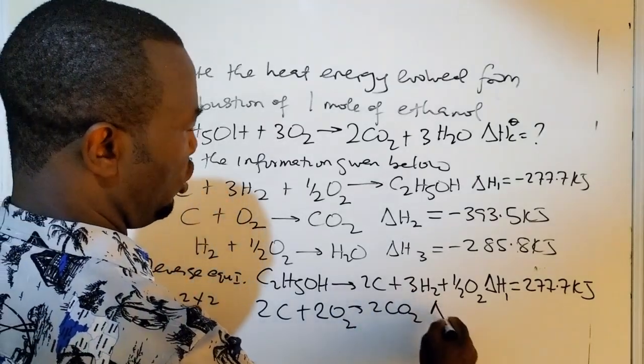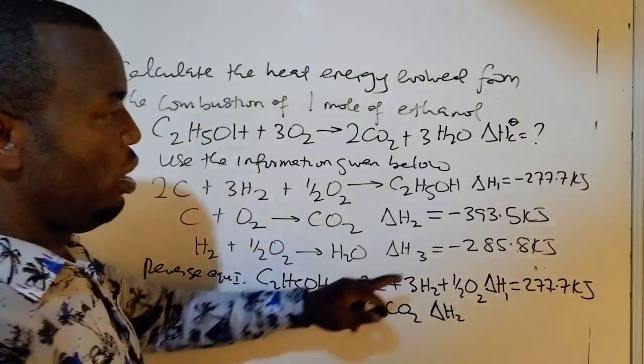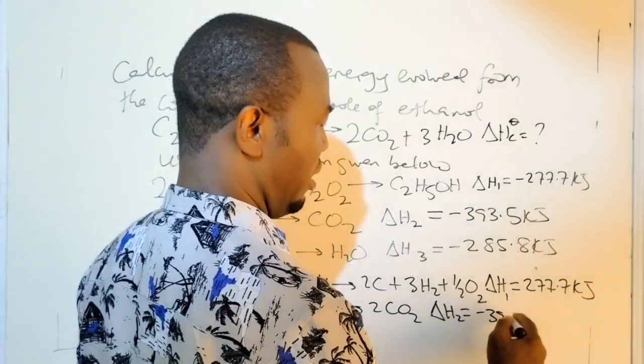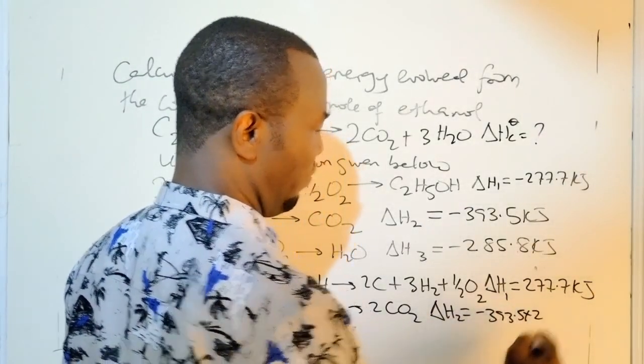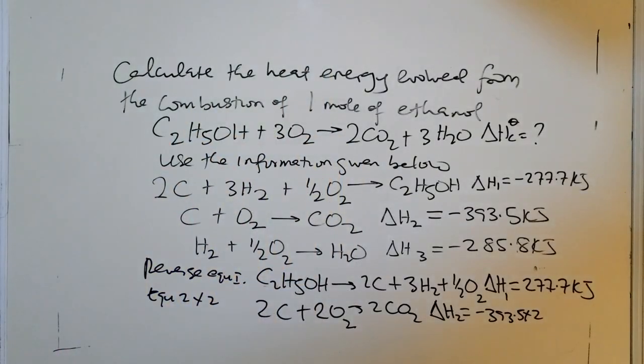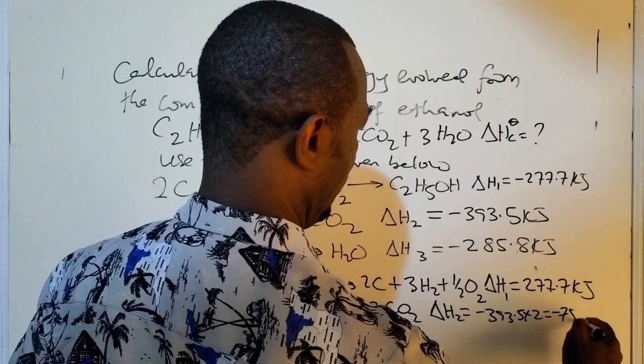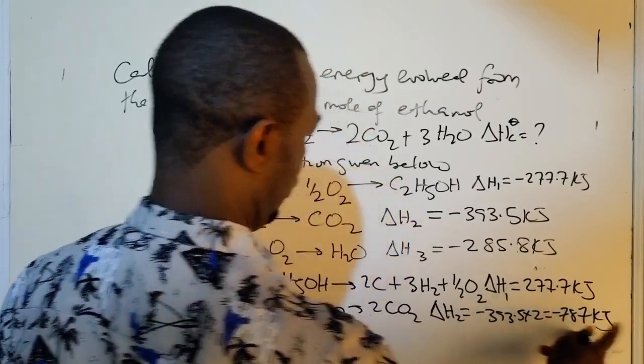And the enthalpy change will now change. It will no longer be minus 393.5. It's going to be minus 393.5 times 2 because of the factor. Multiply by 2, you get minus 787 kilojoules for this one.